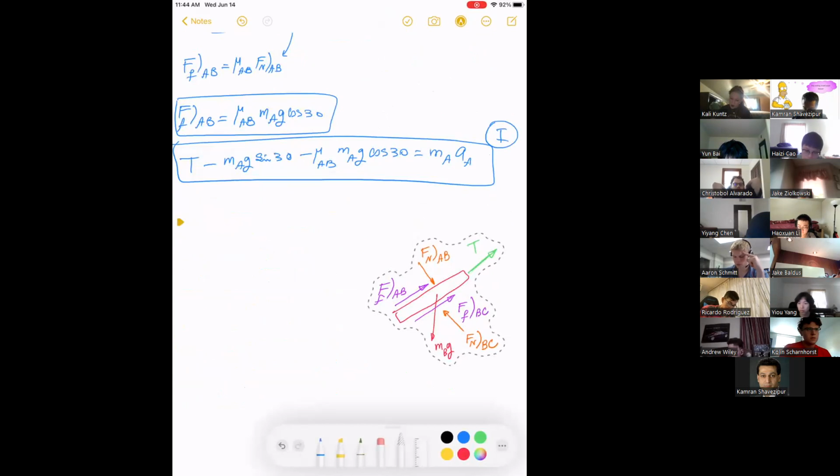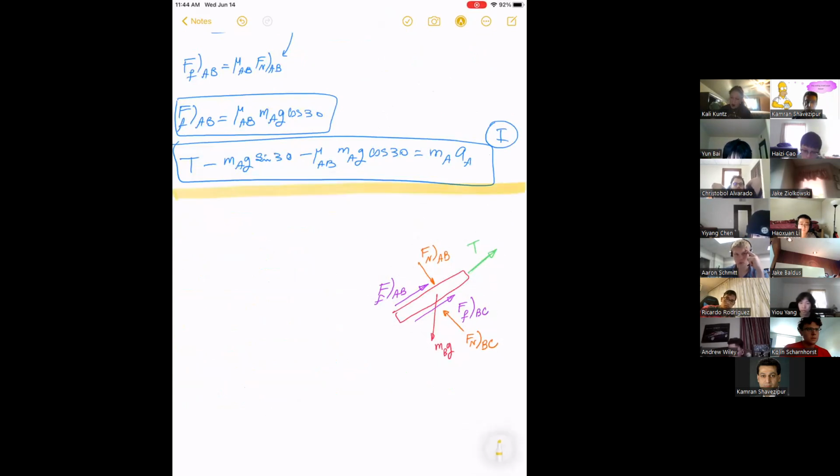Now I will do the same thing for block B. Summation of forces in X equals MB ABX. Summation of forces in Y equals MB ABY. And because it doesn't go up and down, we know that ABY is 0.